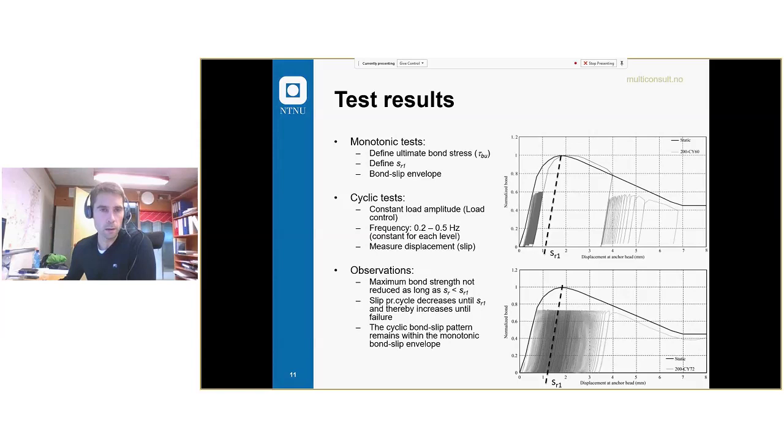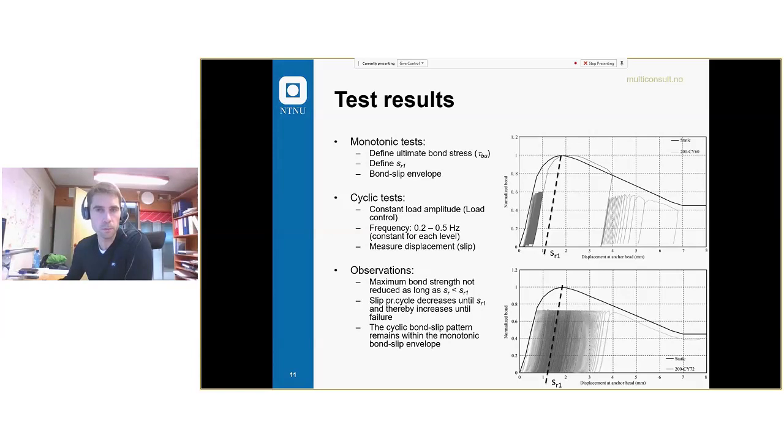The slip per cycle decreases until SR1. You can see the density of these load cycles increases until this line, and then it decreases after. So the resistance towards cycling increases until you meet this line at SR1. The cyclic bond slip pattern remains within the monotonic bond slip envelope. So this is the monotonic bond slip envelope, this black line. So these cycles will remain within this envelope.